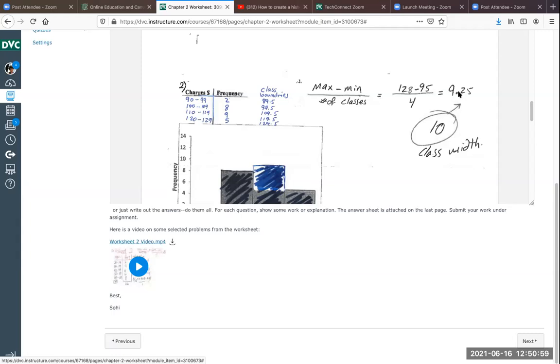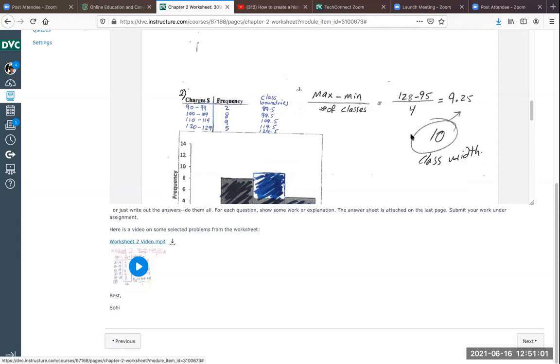So I tell you that they have a typo here, but it's okay to keep it as 10 class width. Although this is going to be 8.25, but as we learned today, it's okay to round up to your comfortable rounding.